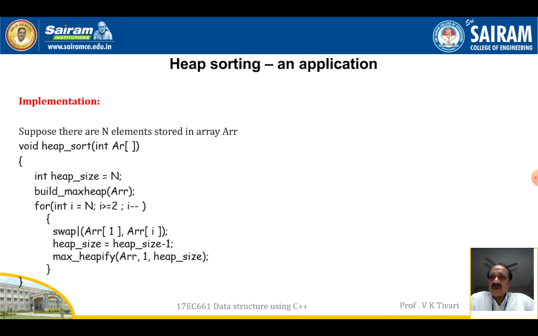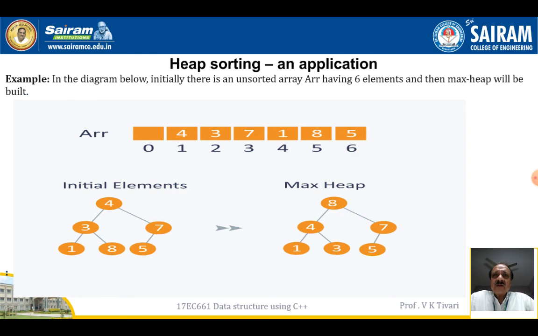This way we are reducing the heap size by 1, and this is how the sorting works. We complete the entire sorting of the array elements by using the maximum heap data structure function. It is clearly mentioned there.